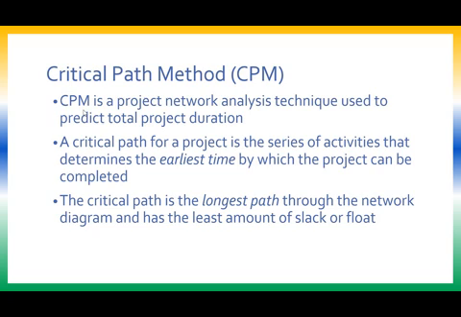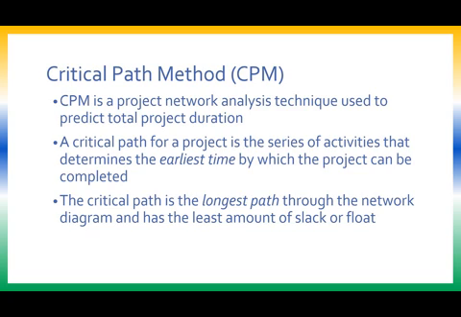Okay? So CPM is a project network analysis technique which is mainly used to predict the total project duration, right? A critical path for a project is a series of activities that determines the earliest time by which the project can be completed.